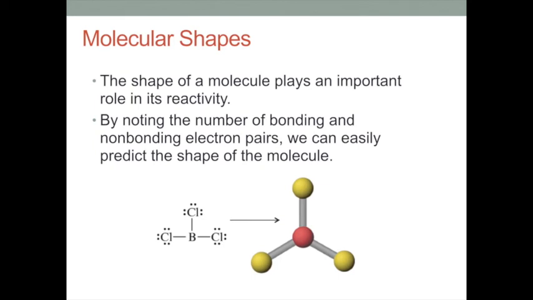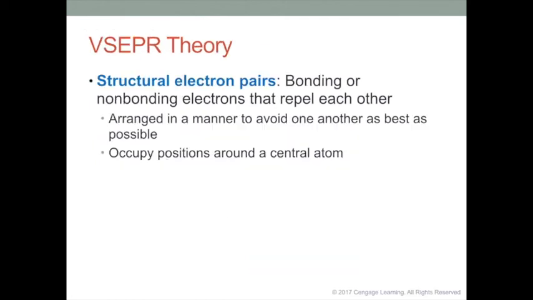Okay, so the way we figure out the geometry of the molecule is we look at what's around the central atom. So we're going to look at, do we have bonding electrons, or do we have lone pairs around the central atom? That's going to determine the shape of the molecule. For our geometry, we use the VSEPR theory, which is the valence shell electron pair repulsion theory.